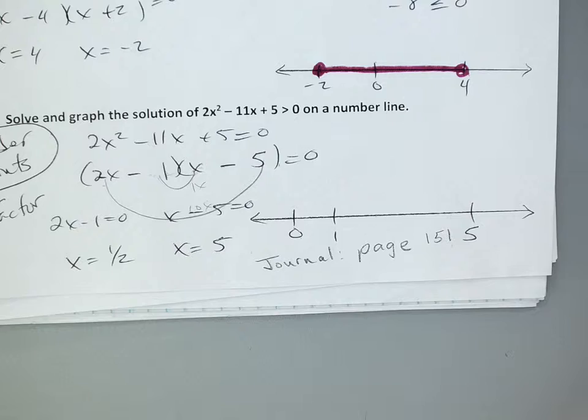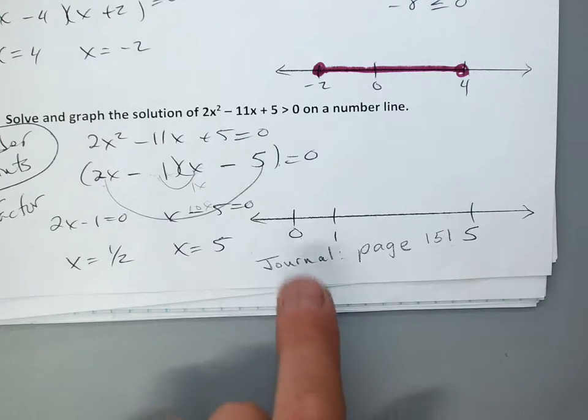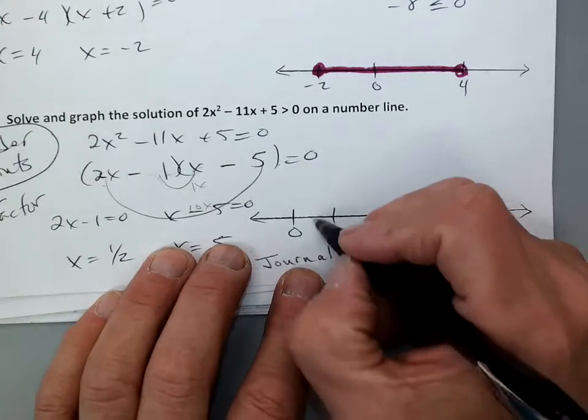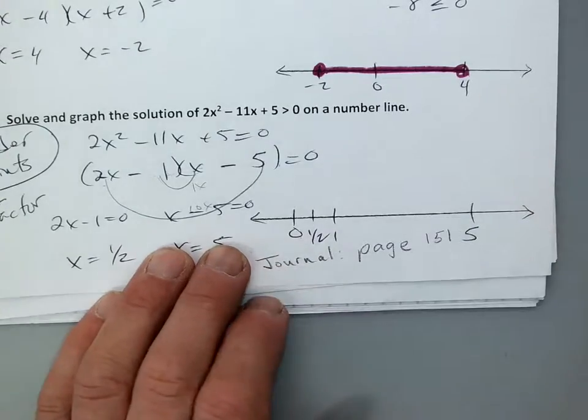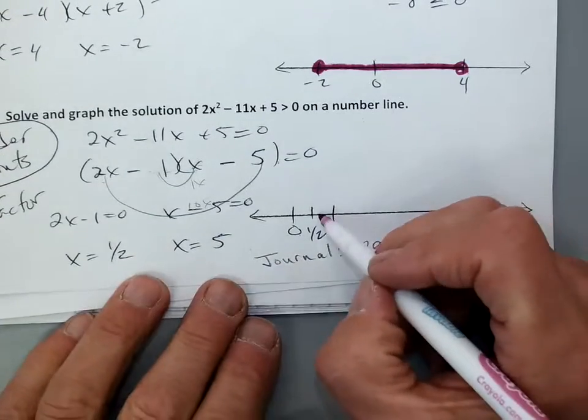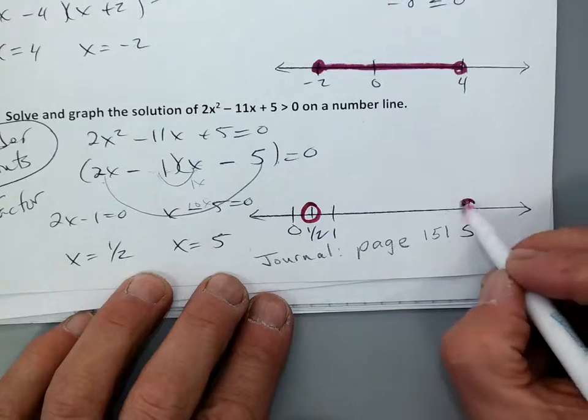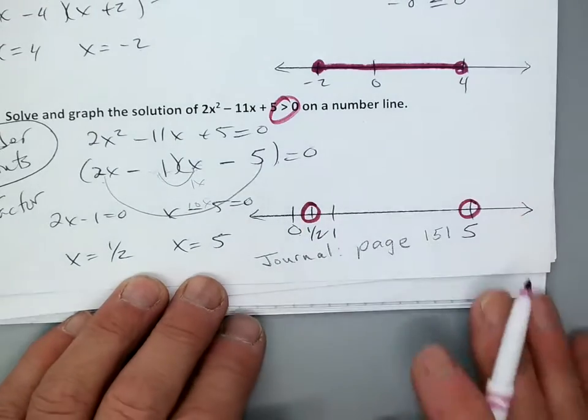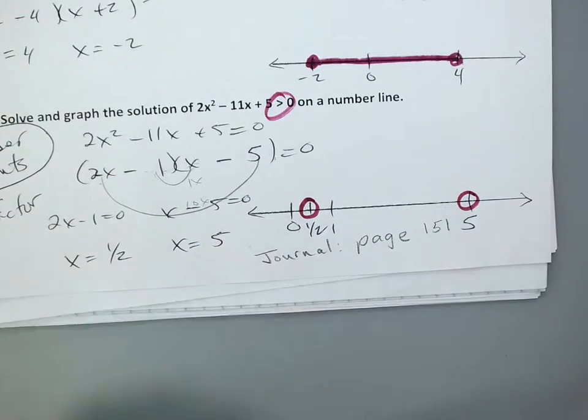Call it good, okay? So am I going to put a solid or dashed line? Open. Open at 1/2, right? And open at 5 because there's no equal sign, right? Now let's test a point. What's the easiest point to test? 0.